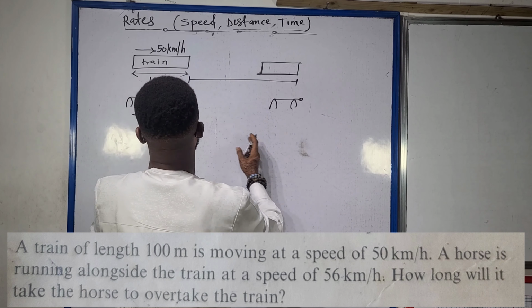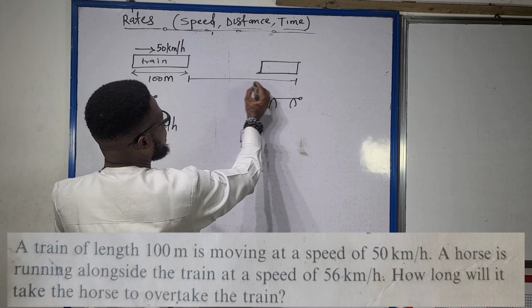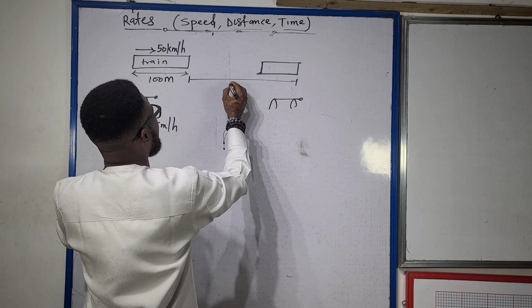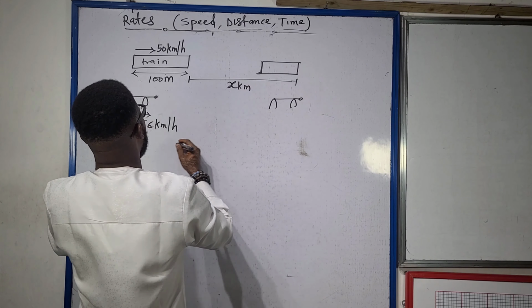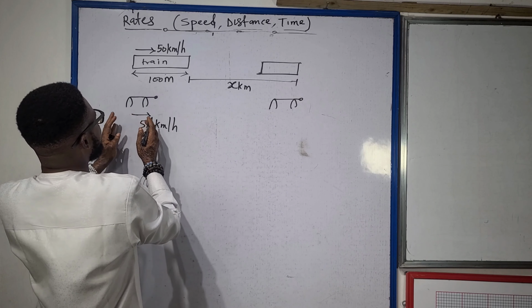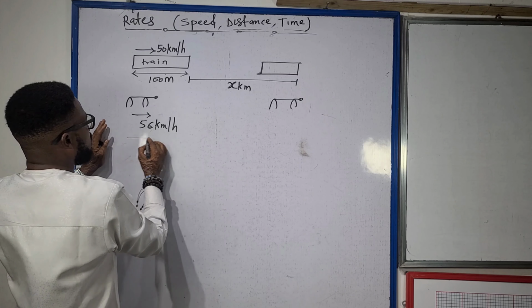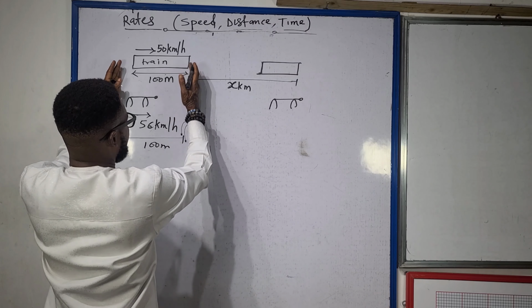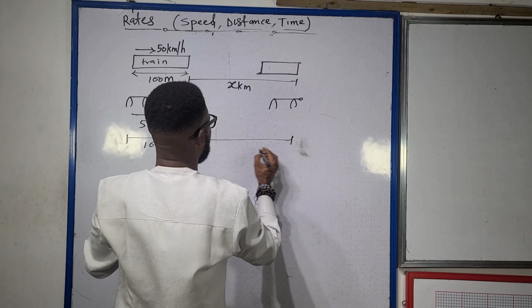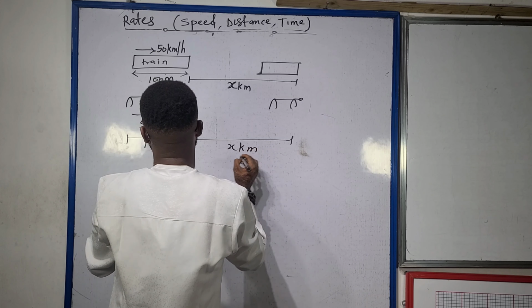We're looking at time. So let the distance from here to here be x kilometers. The horse must first cover the 100 meters, which is the length of the train, and then cover the x kilometers here.